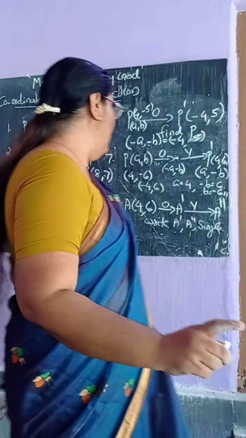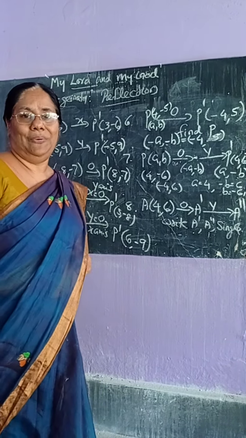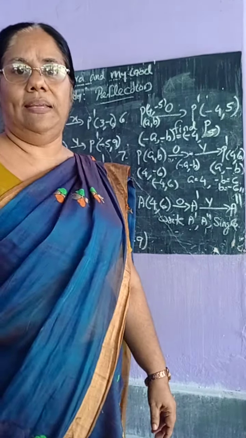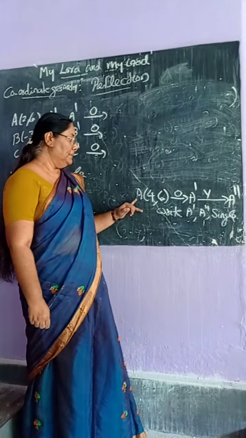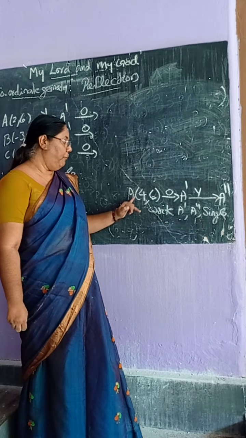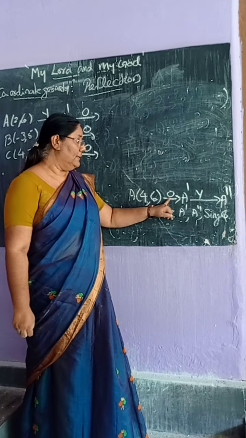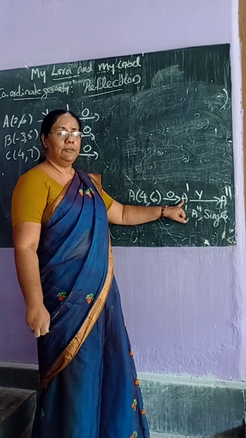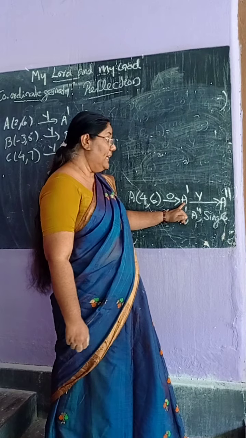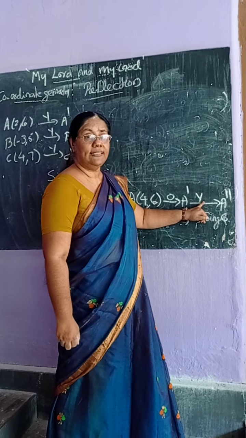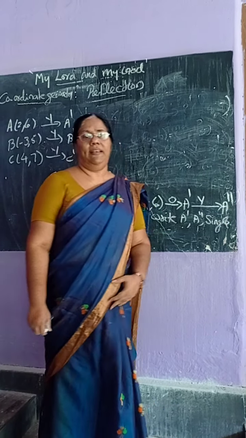Understand? Now, one more question, students. One more question, write down. Copy the question. The point A (4, 6) is first reflected through the origin. Mark it as A dash. Then that A dash is reflected through the y-axis. Mark it as A double dash.